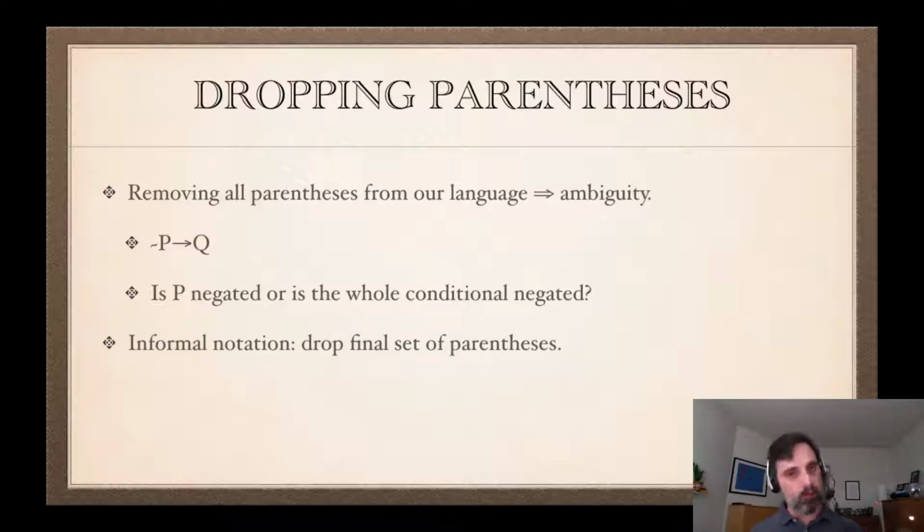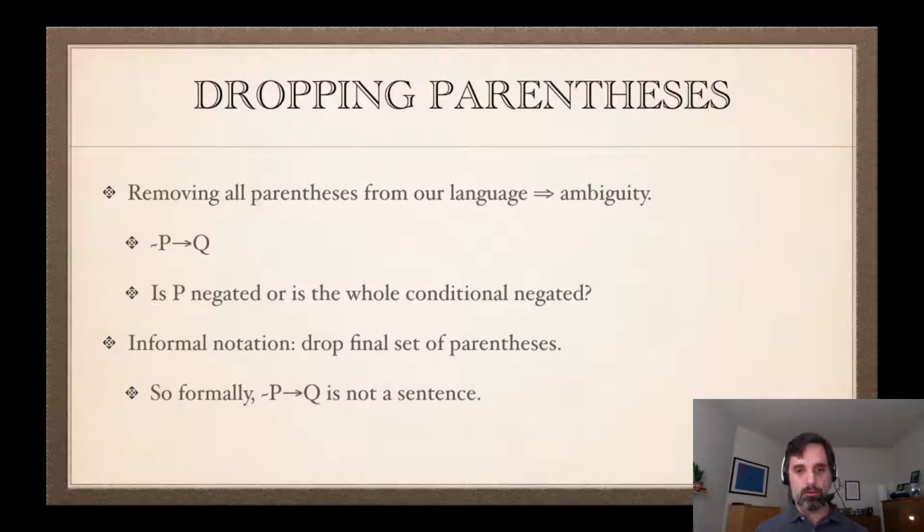We're going to have an informal notation that says we can drop the final set of parentheses that's used when building up our sentences. So this thing here, not P arrow Q, is not formally a sentence, but it is informal notation for parenthesis, not P arrow Q, parenthesis. Why? Well, we know that you can drop the final set of parentheses.